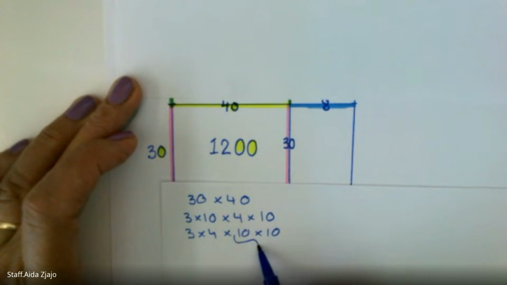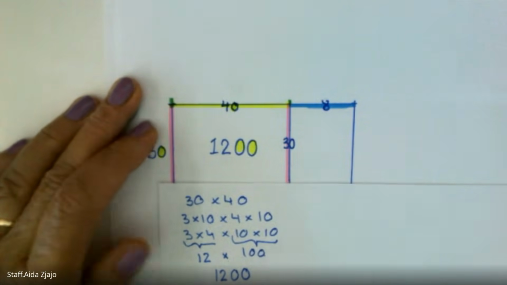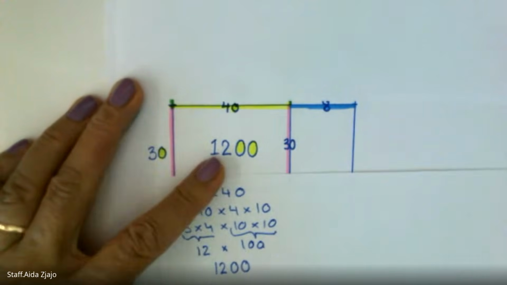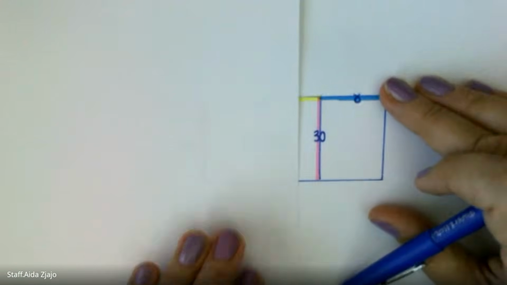So this is the 100. 10 times 10 is 100, and 3 times 4 is 12. So 12 times 100, 12 gains these two zeros because it gets 100 times bigger. And that's how we know that this is 1,200 or 12 hundreds.